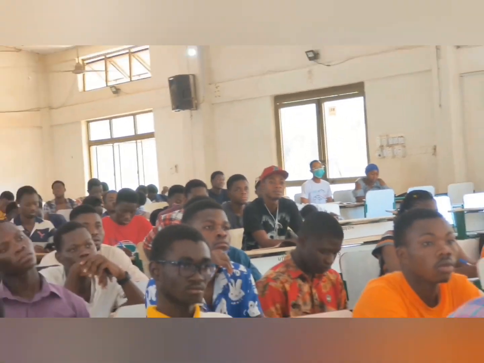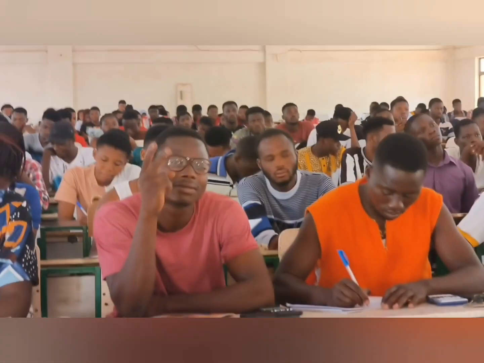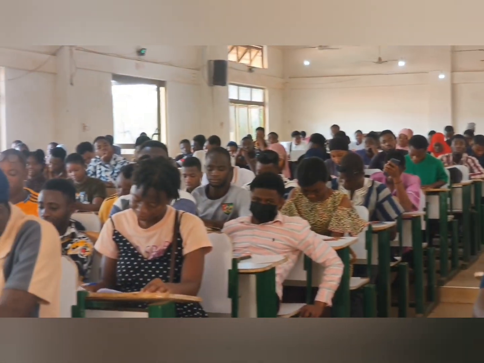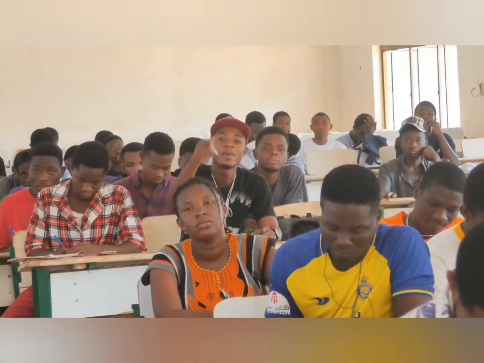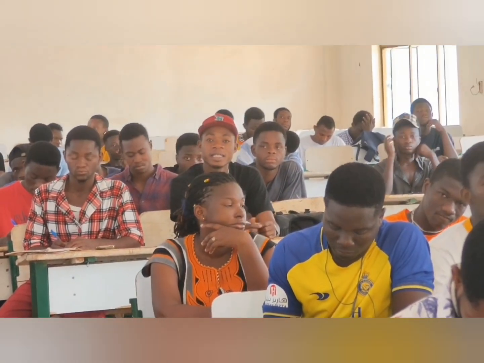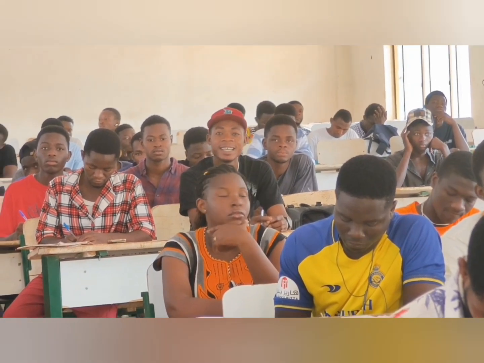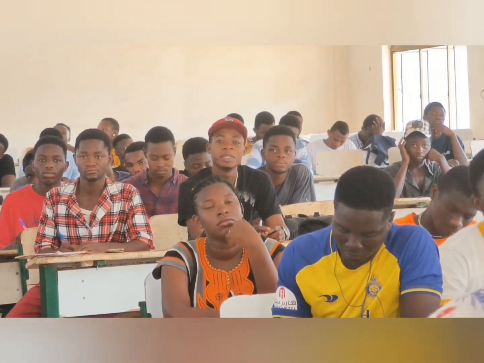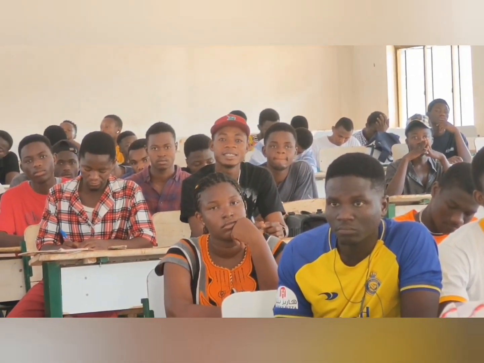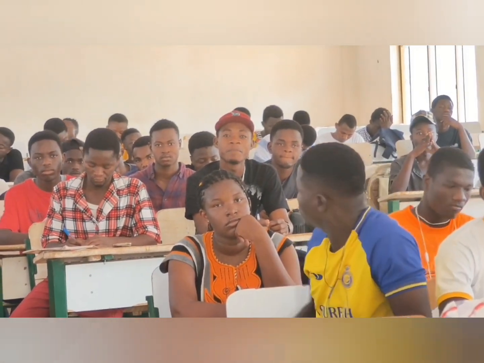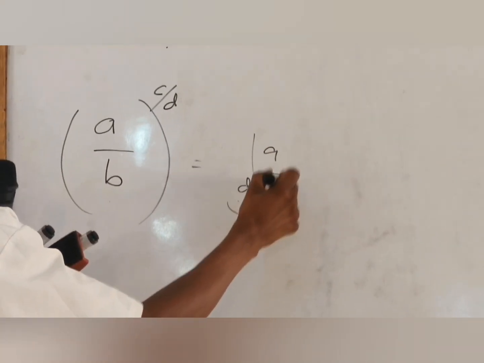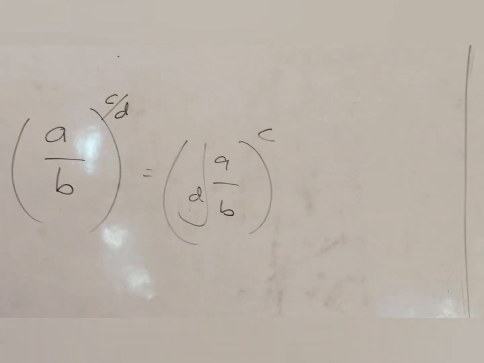So now we are coming to solve some examples using the laws and then the properties all together. Assuming you have a over b, all in bracket, to the power c over d, the d root of a over b, to the power c, the same thing.